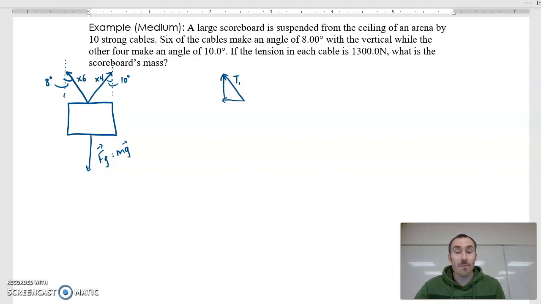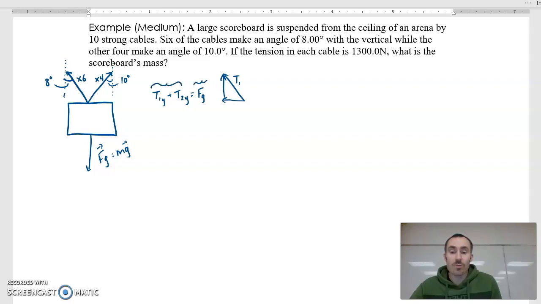Because the scoreboard is not moving, that means that F net equals ma, F net equals 0, right? Because the acceleration is 0. And so the situation that we find here is that T1y plus T2y equals the force of gravity. Okay, so these are our upward forces.